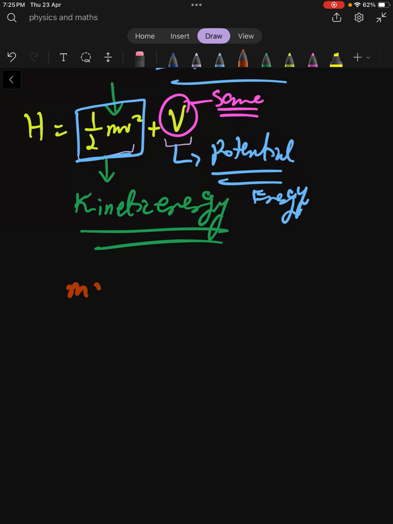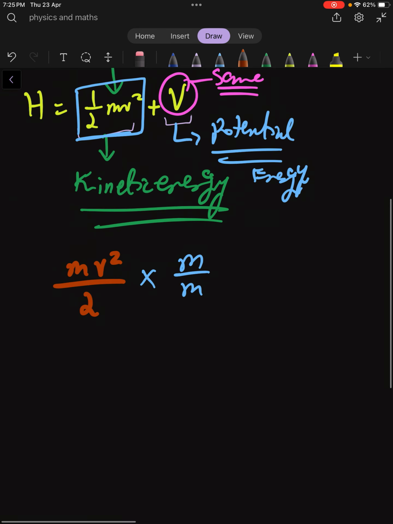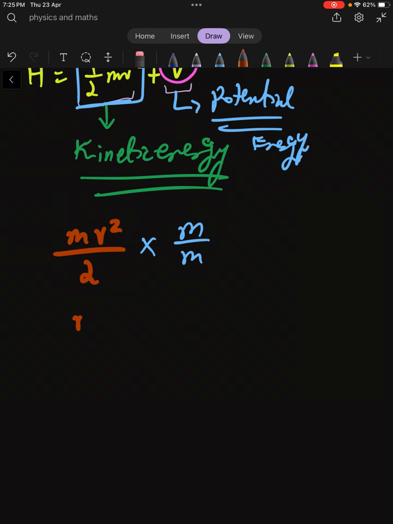And how we do it is I can write 1 by 2 m v squared as m v squared over 2, right? And if I multiply this by m and divide it by m, then the upper m becomes m square, and v square remains the same, over 2m.